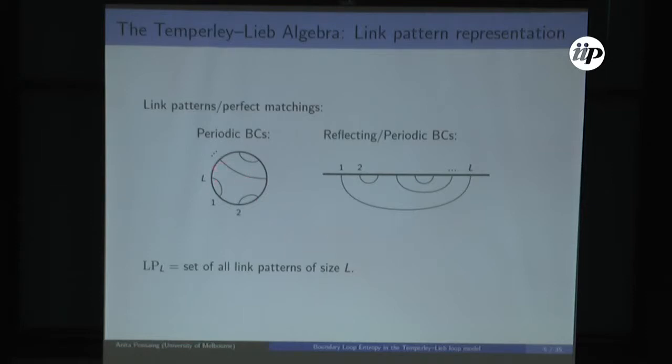But you can also think of this as looking down the semi-infinite cylinder and seeing where all the loops are connected in the cylinder of the lattice. You can convince yourself that these two link patterns are actually the same in the periodic case. We have 1 connected to L, 2 connected to 3, and so on. And I'll use LP_L to refer to the set of all of the link patterns of a particular size.